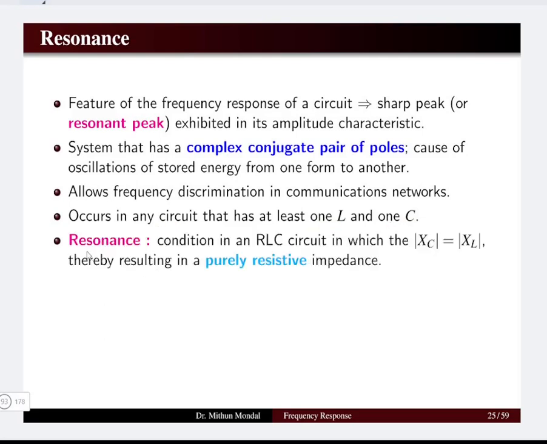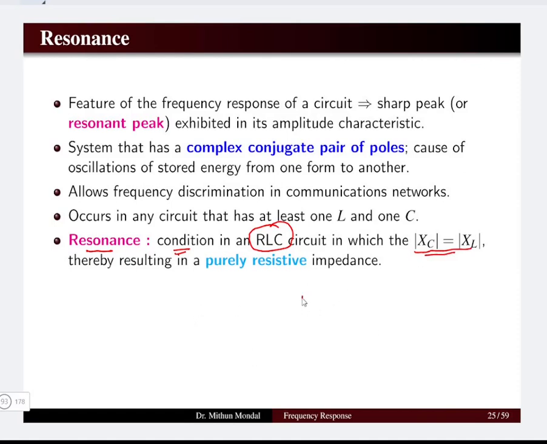Now, if I define what resonance is, the definition goes like this: whenever we take the RLC circuit, there is one condition occurring in the RLC circuit where the capacitive reactance and inductive reactance are equal.